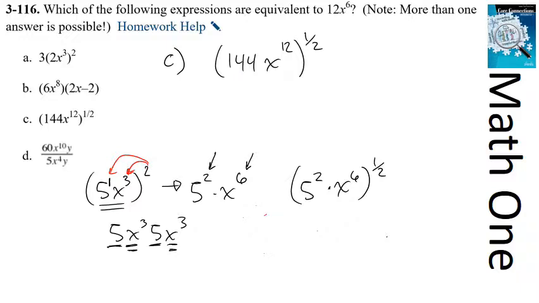Well, what if I multiply this, right? I could get 1/2 times 2 would be 1, and 1/2 times 6 would be 3. So if you look at this, this brings it right back to where it started. It brings it to 5x raised to the third power.